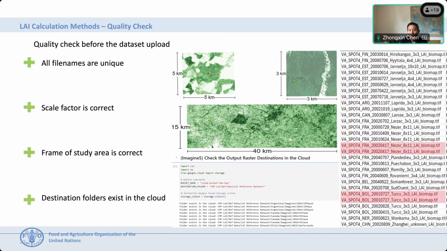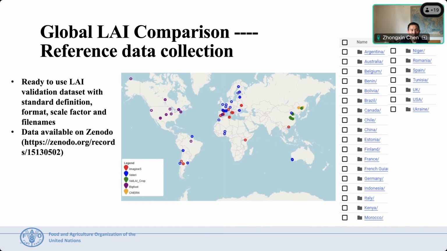So we want to make this open for users to validate their data products. And even after a certain time, we can do a benchmarking for the algorithms or for the datasets for GeoAI.